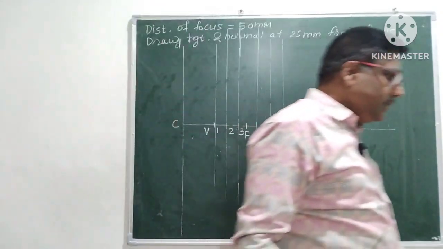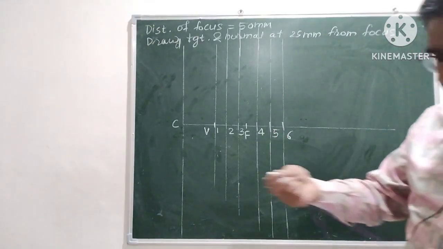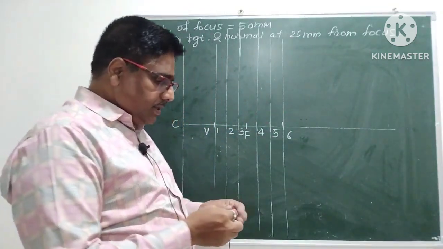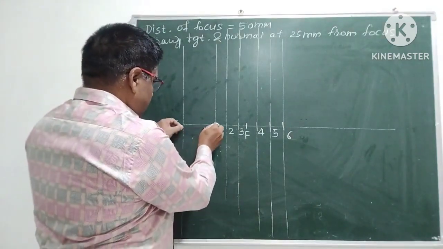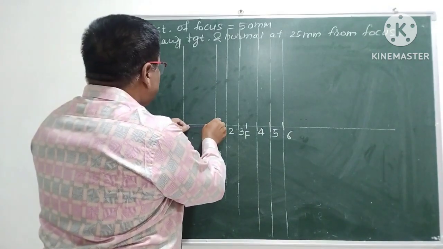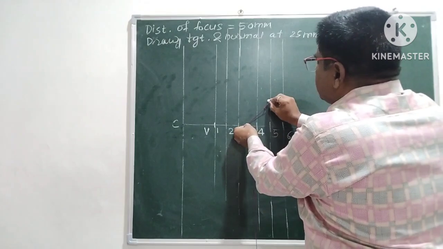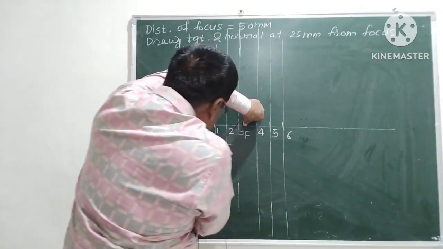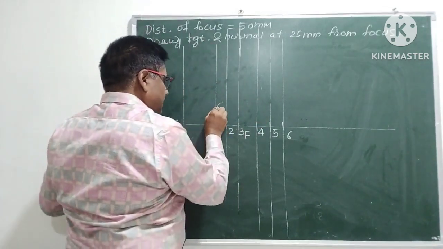Okay, after this, just wait. Take distance equal to C1 in the compass and, taking F as the center, cut the first vertical line on both sides.